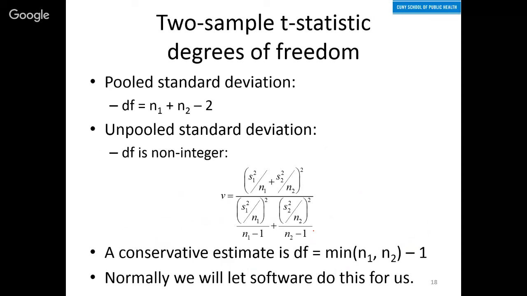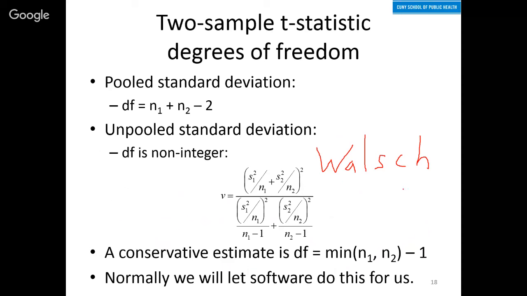The degrees of freedom is simple when you're pooling. It's just your total sample size minus 2. But if you're not pooling, the so-called Welch t-test, then your degrees of freedom is non-integer, and it's given by a complicated formula.